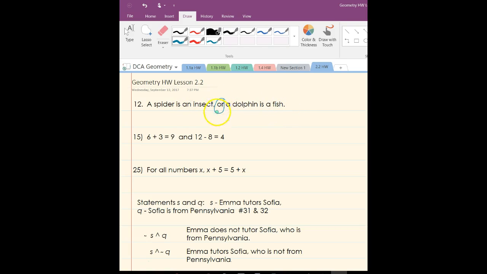With a disjunction, if only one statement is true, then the answer will be true. A spider is an insect, that statement is false. A dolphin is a fish, that statement is also false. So our answer for this problem would be disjunction, which is the V, and false.